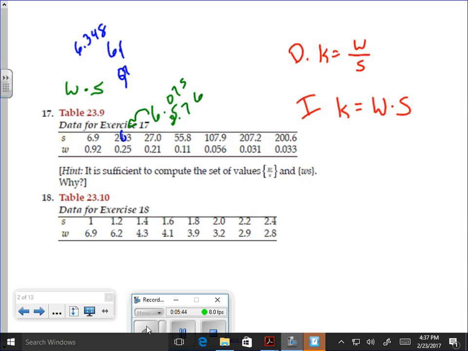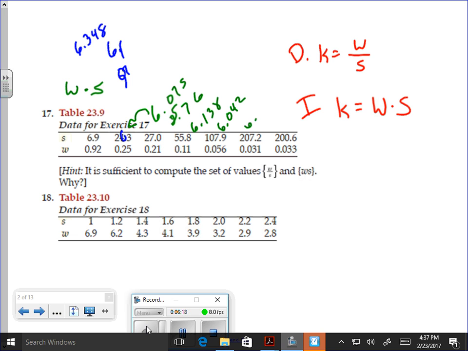Let's keep trying. 55.8 times 0.11, I get 6.138. Still rounds to 6. 107.9 times 0.056, 6.042. Still rounds to 6. 207.2 times 0.031, 6.4232.